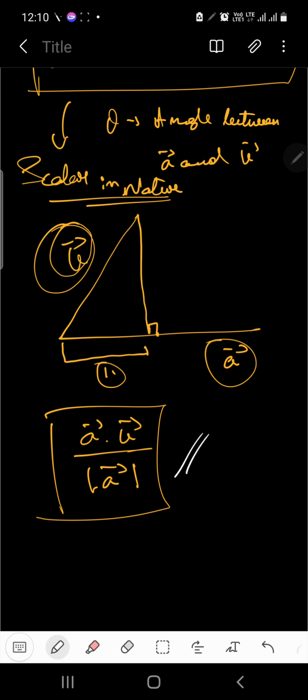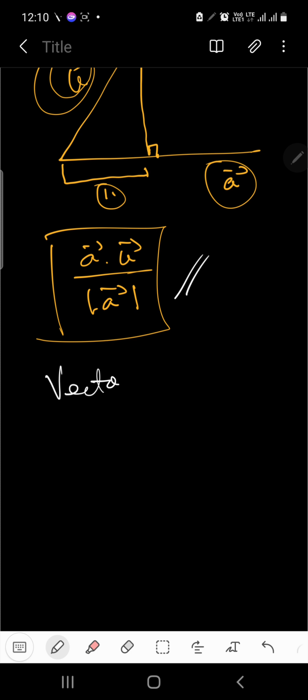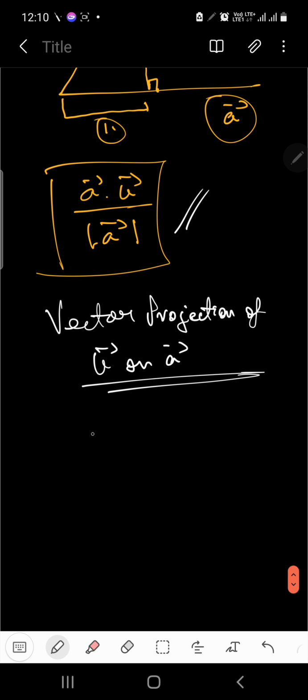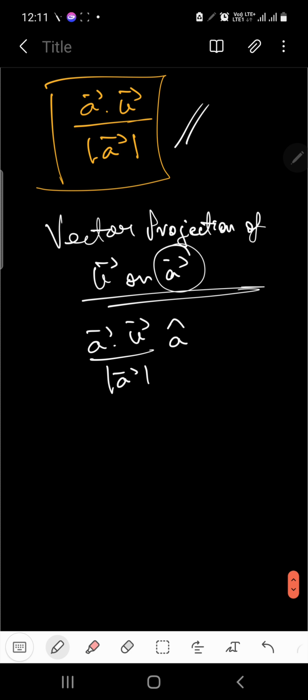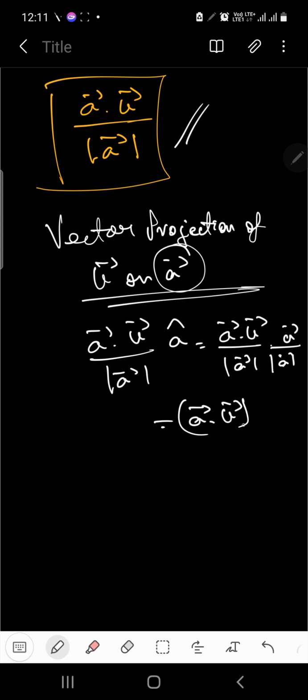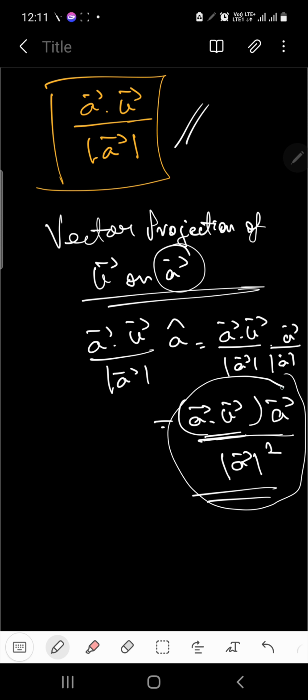But if I ask about the vector projection of B on A, the formula firstly will be this, and since the direction will be along A, we need to multiply a unit vector along A, which is A vector over mod A. This becomes A dot B, which is a scalar, multiplied by the A vector, over mod A square. This is the vector projection of B on A.